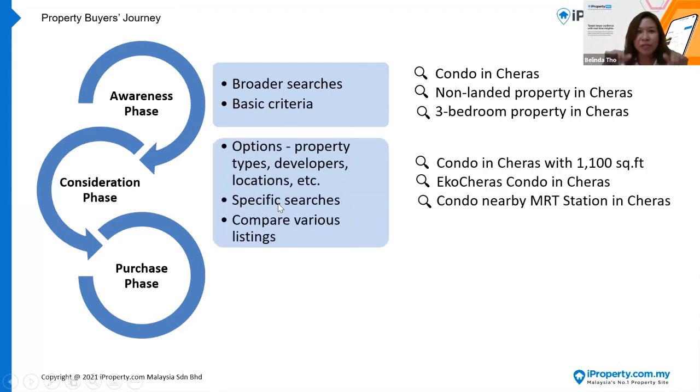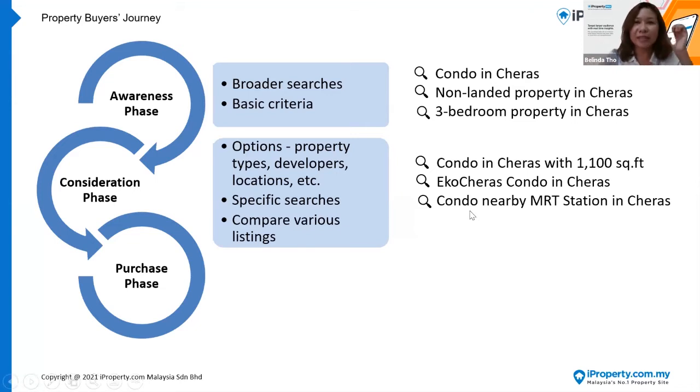When they enter the second phase, the consideration phase, their search will be more specific. They will start to compare various listings. Not only one listing, they are going to look up many, many listings and start to do the comparison work.